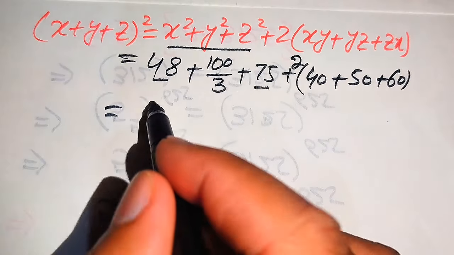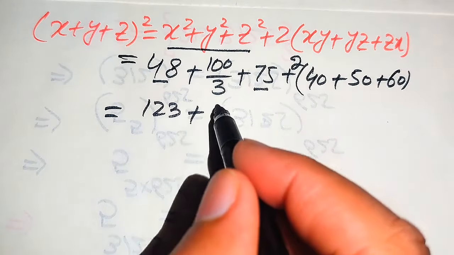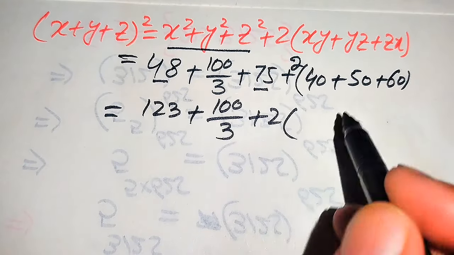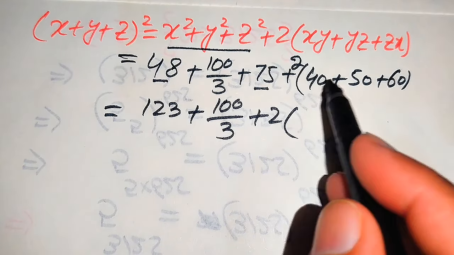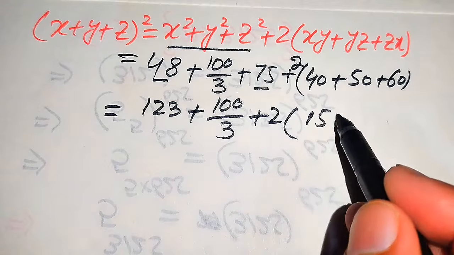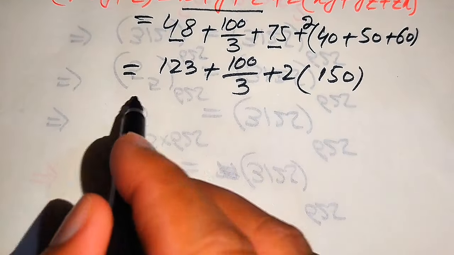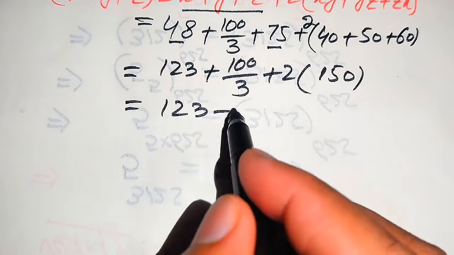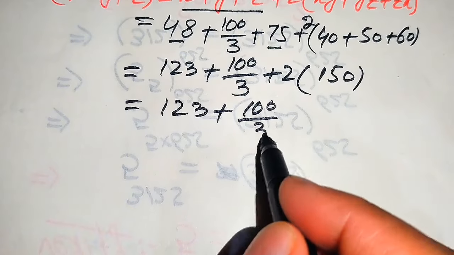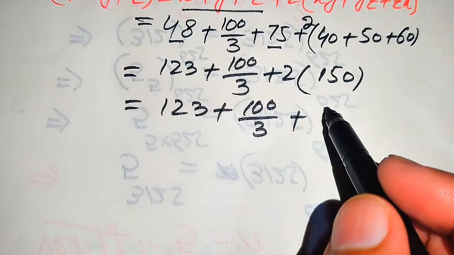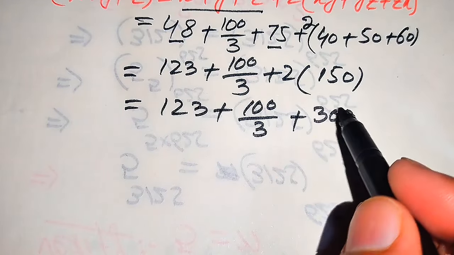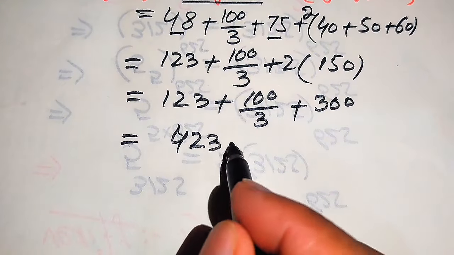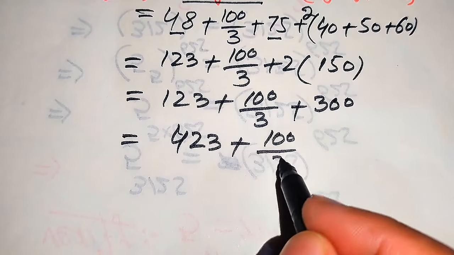When we add these two values, we get 123 plus 100 divided by 3, and plus 2 times, we need to add these values, 60 plus 40 becomes 100, and 100 plus 50 becomes 150. So 150 times 2 becomes 300. So 300 plus 123 is equal to 423 plus 100 over 3.